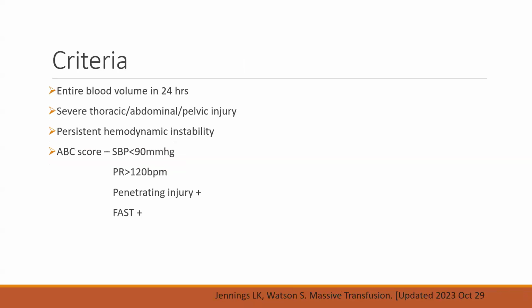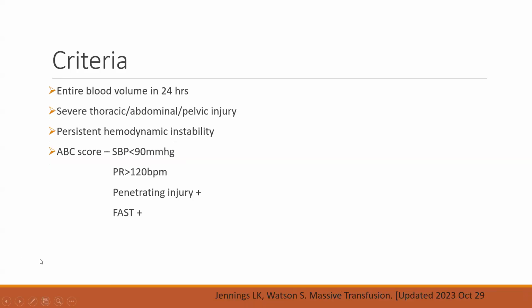Now, coming to the criteria for identifying patients who are at risk of massive hemorrhage.